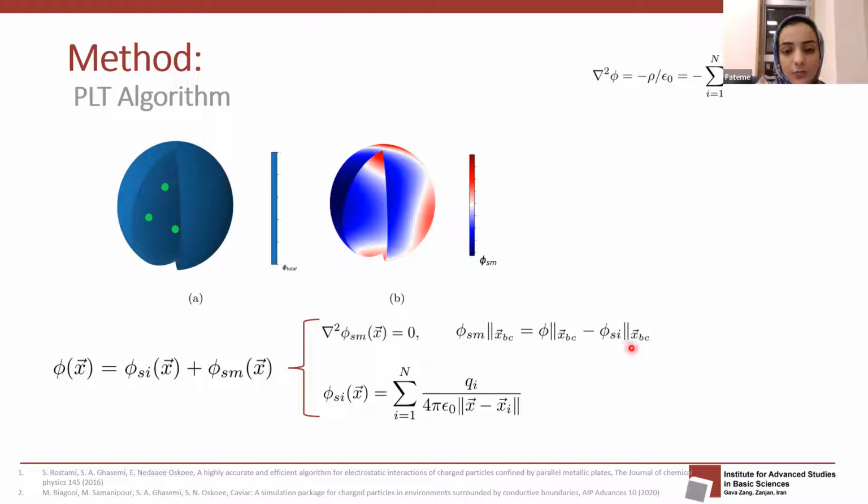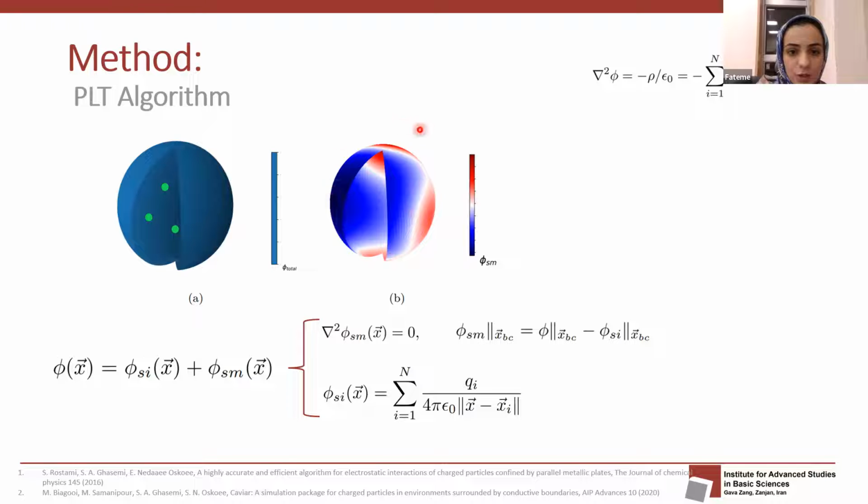How could we calculate this modified boundary condition? If you subtract the singular potential from both sides of this equation, and then calculate each part of this equation on the boundary, we can calculate this.